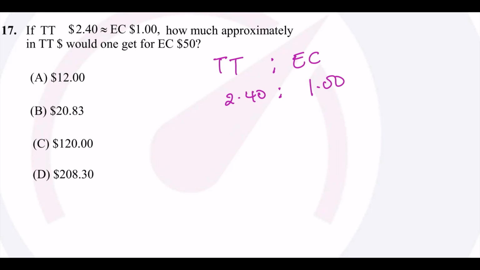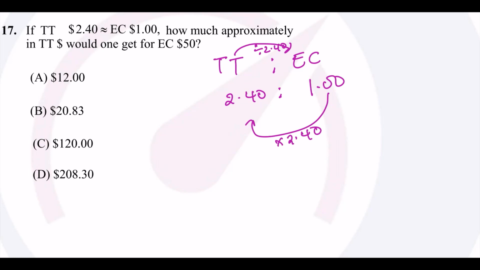EC. Alright, so to go from TT to EC, for $2.40 to become $1, that means that we divide by $2.40. And to go from $1 to $2.40, that means that we multiply by $2.40. So to go from TT to EC, we divide by 240.